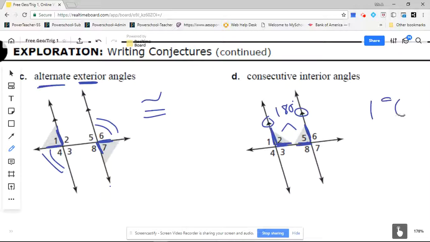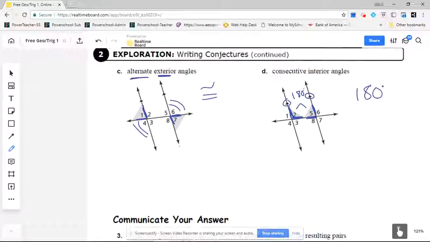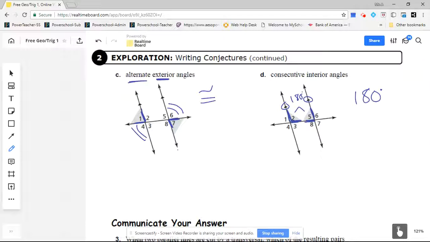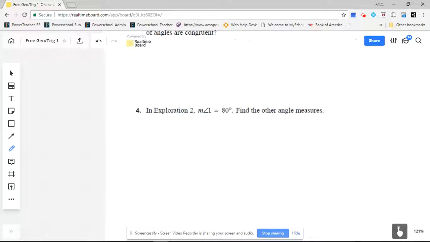So they're going to be my 180-degree pair. So that's the four pairs. Okay, now you could also use consecutive exterior. They're also going to be 180 because one's going to be a big one, one's going to be a small one.